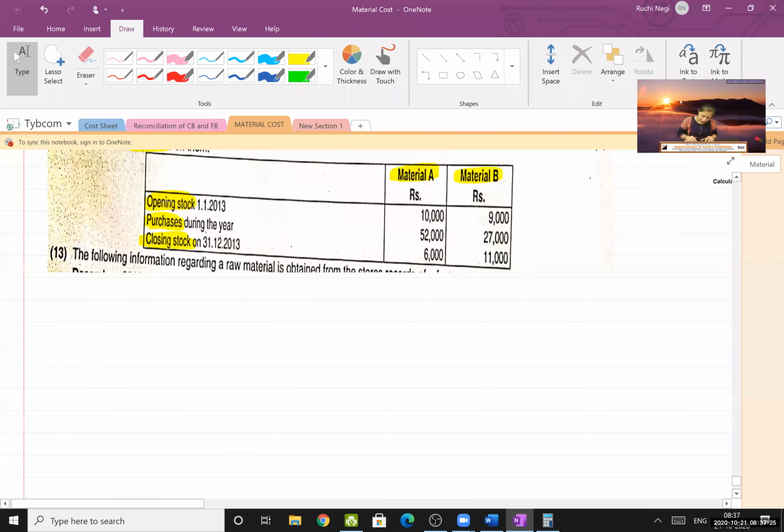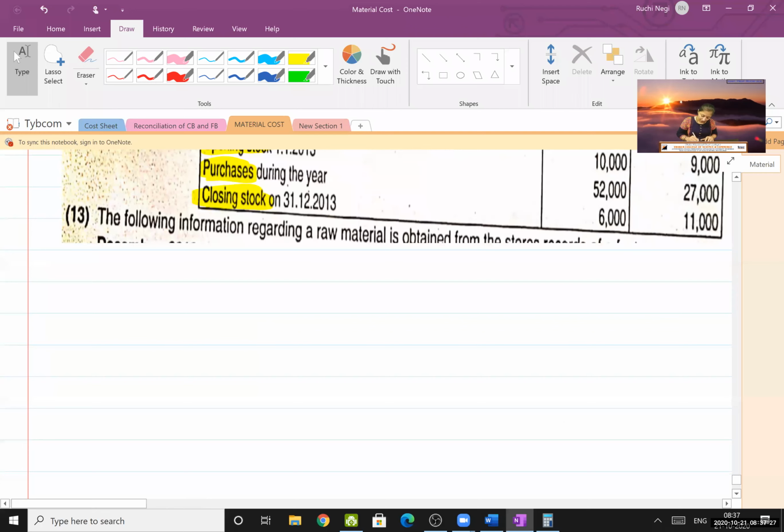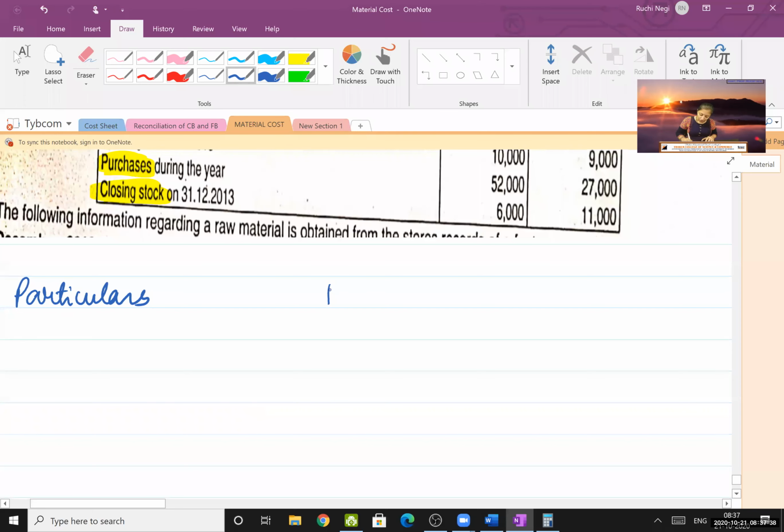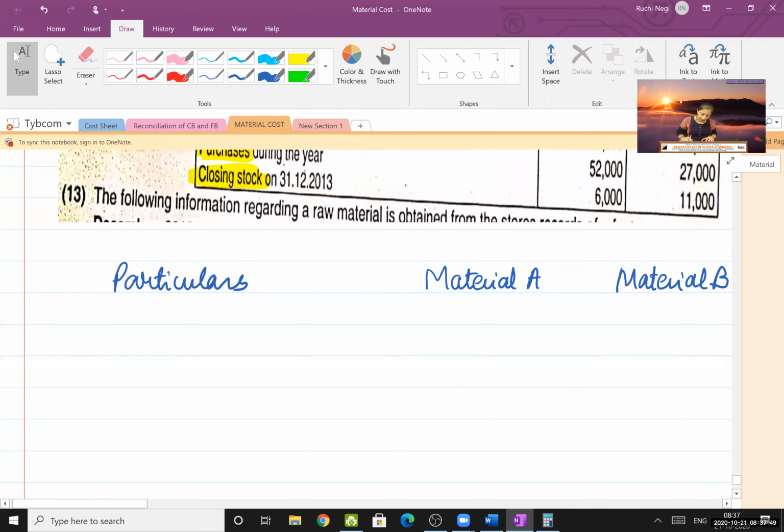Write down the formula. Write it like this: particulars, keep space, then first raw material is material A, then material B. Okay, then write down raw material turnover ratio.